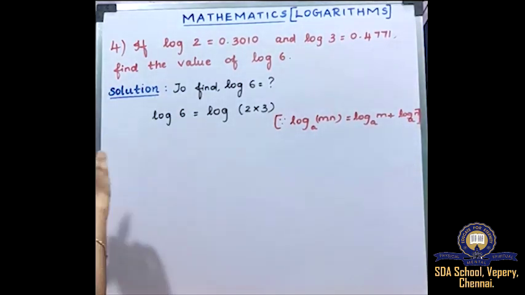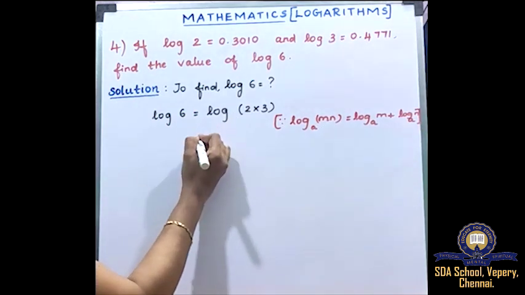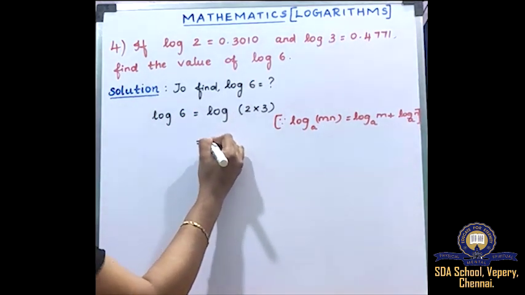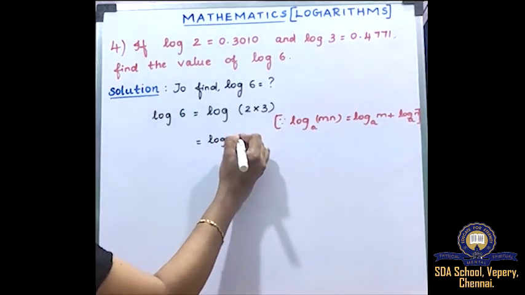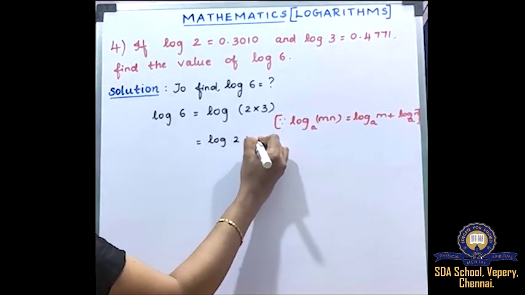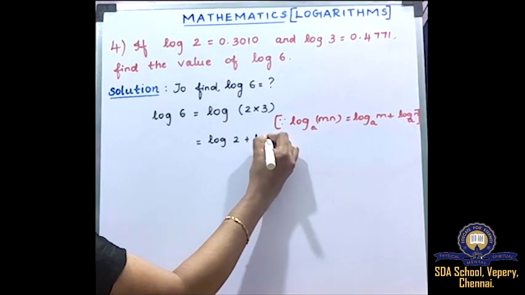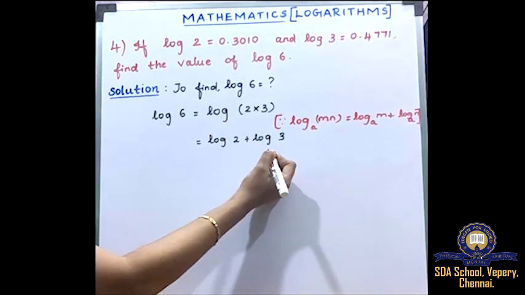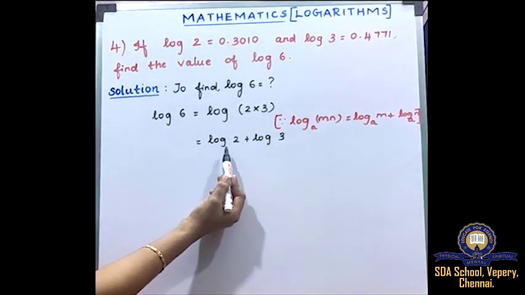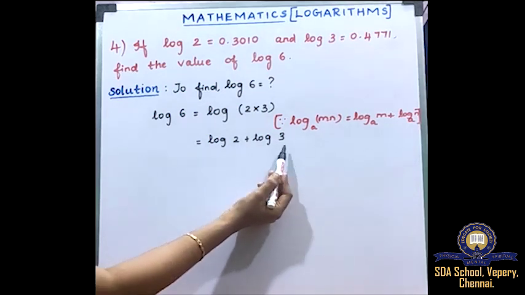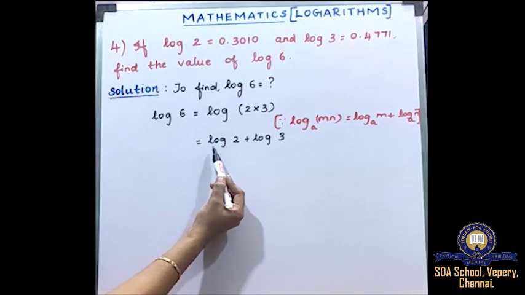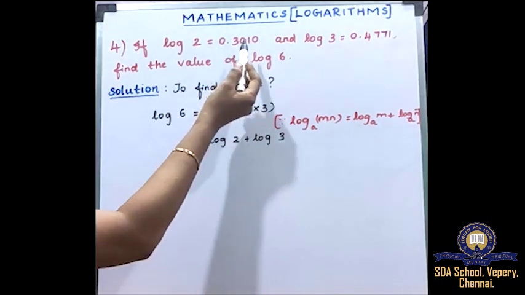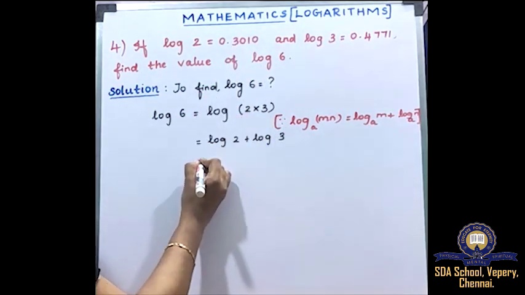Applying this law in this term, what will we get? Log m, that is log 2, plus log n, that is log 3. Right. In the question itself, they have given the values for log 2 and log 3. So you just substitute the values they have given. So log 2 value is 0.3010.